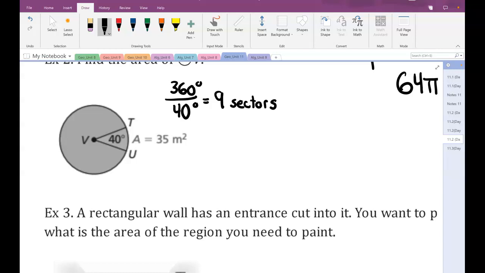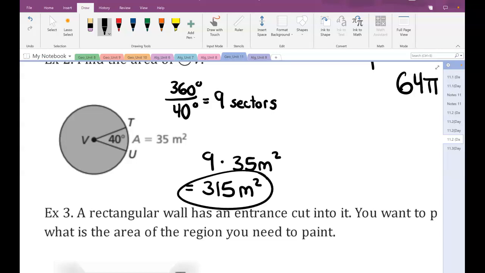So if we take each of those 9 sectors that make up our whole circle and multiply by the area of each one, 35 meters squared, we will get the area of our whole circle. So 9 times 35 is 315. The area of our whole circle is 315 meters squared.